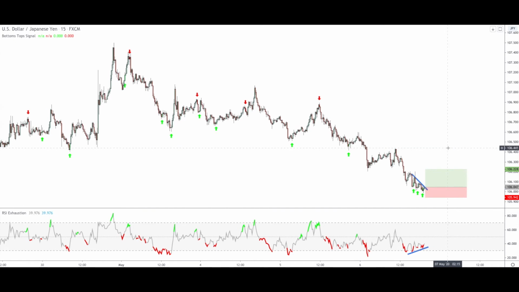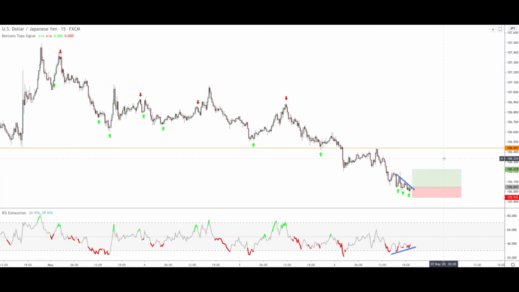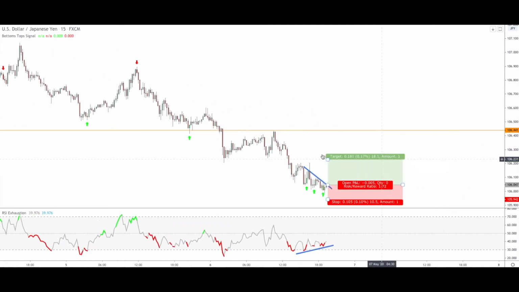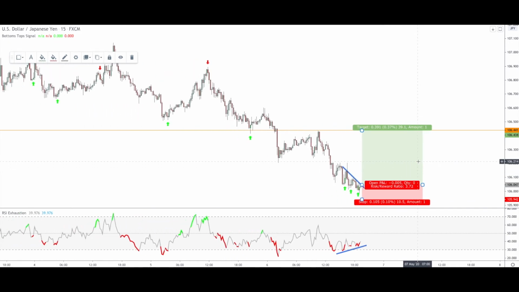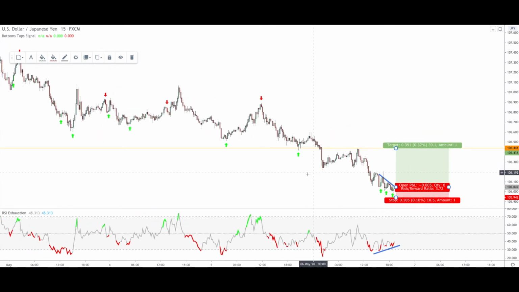Okay, so I would target this level here. Why this level here? So let me draw. Okay, so it's going to be 3.7, almost 4x return if we get the trade right.